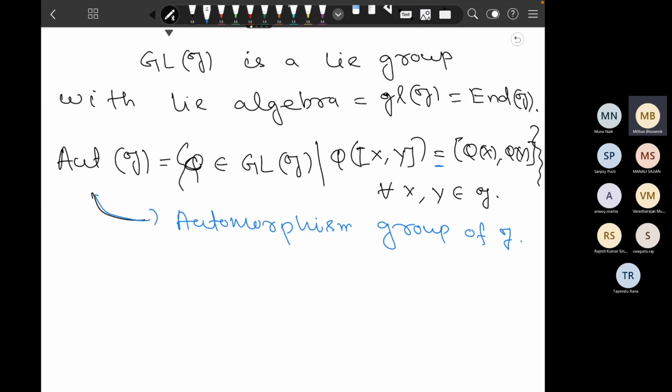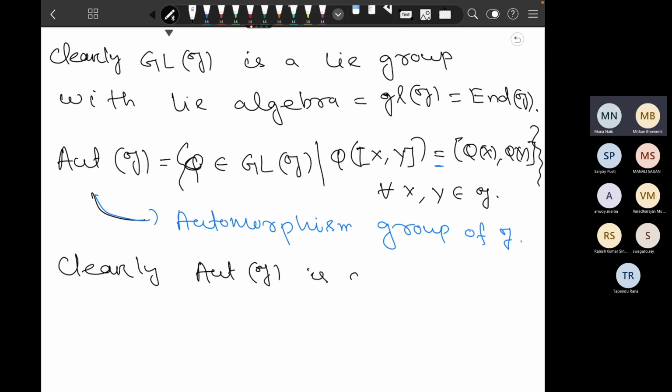Therefore this is a closed subset of GL(g). Okay, so clearly Aut g is a closed subgroup of GL(g).